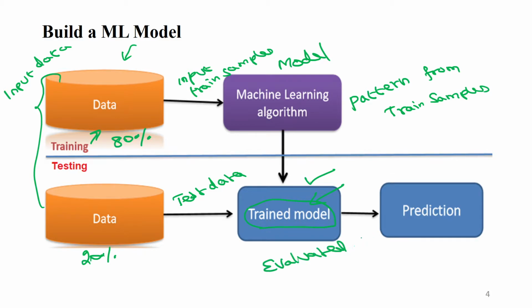In this evaluation, it will predict the output. This output will be compared with the output label which is already available in the given data set. So this is the working principle of an ML model.